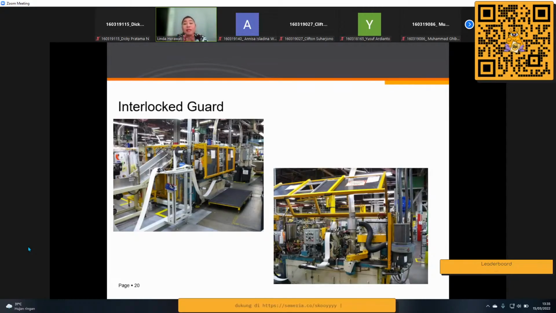Sometimes it needs the maintenance service attendants, who have the responsibility to open the interlock guard. So the guard is like a cage like this, and usually the working area is in this place. You cannot touch inside the machine. You only push the button or use the control panel.